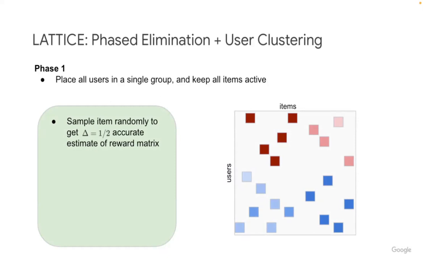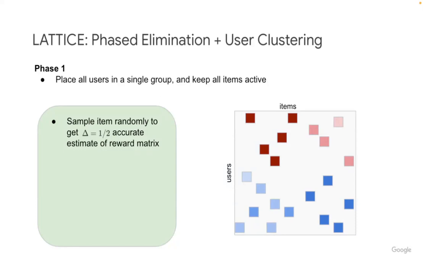Here, our goal is just to get a very coarse estimate of the reward matrix. We will be happy as long as the precision of the estimate is delta equals half. Because our goal is a very coarse estimate in phase one, the number of sufficient rounds can also be shown to be very small.